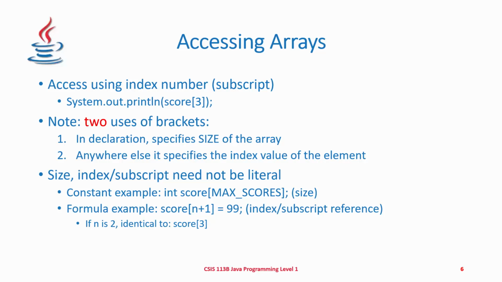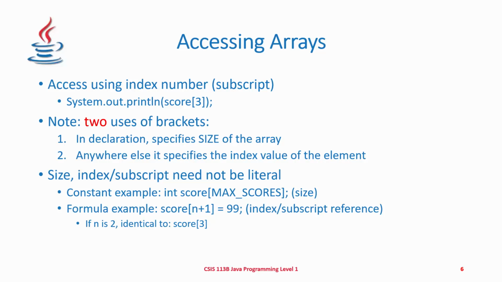And by the way, when we're creating the size or referencing the index subscripts, they don't have to be actual literal values. We can use things like constants. So a constant is just a type of variable that once you assign a value to it, it never changes.